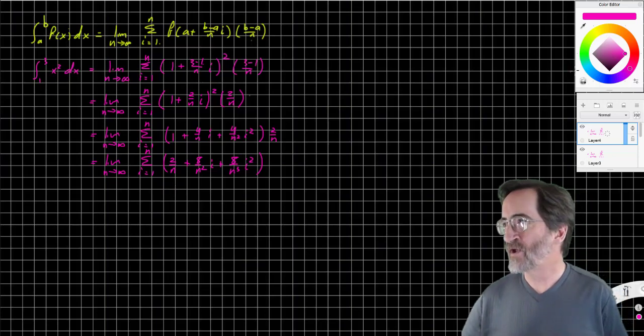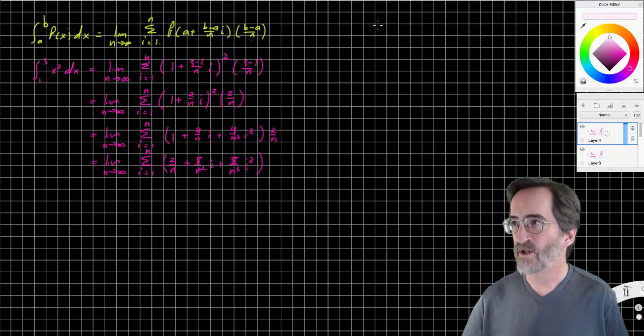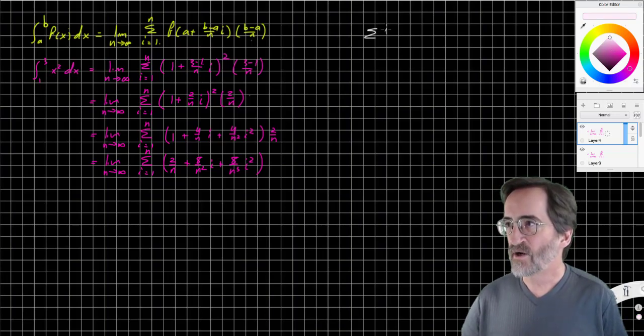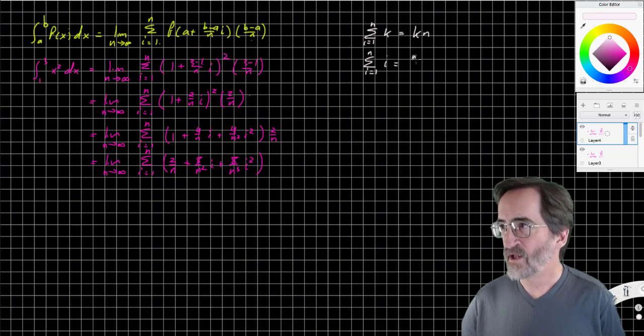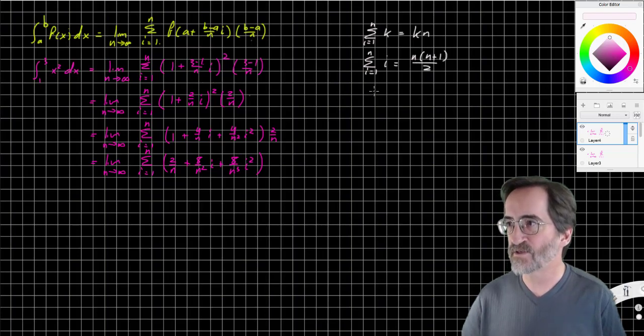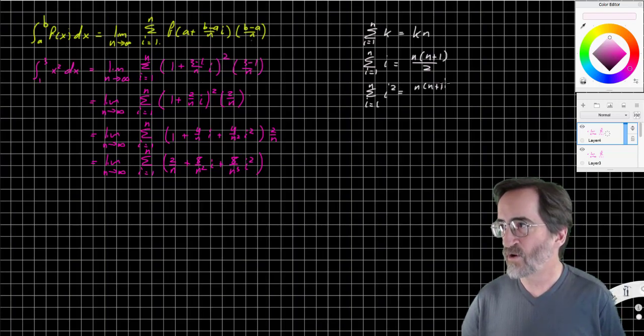Now there are some summation formulas you need to be aware of from your pre-calculus class. The sum of a constant, from i equals 1 to n, is the constant times n. The sum from i equals 1 to n of i is n times n plus 1 divided by 2. And we're not going to derive these. These are simply given as a fact, and the derivation of them is interesting and worth studying. The sum from i equals 1 to n of i squared is n times n plus 1 times 2n plus 1 divided by 6.